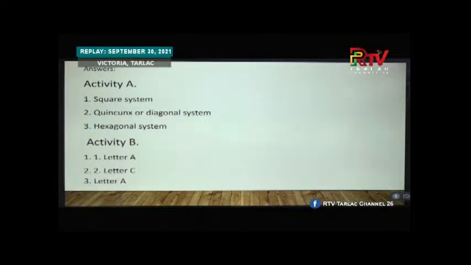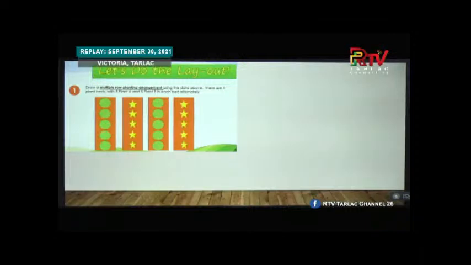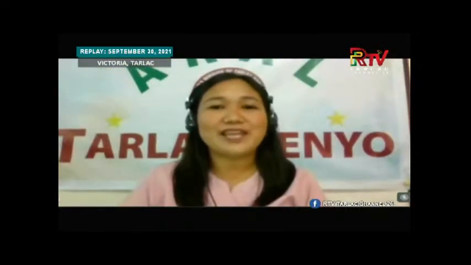And for the second activity, here are the answers. Number 1, letter A. Number 2, letter C. And number 3, letter A. And now, let us check your farm layout.